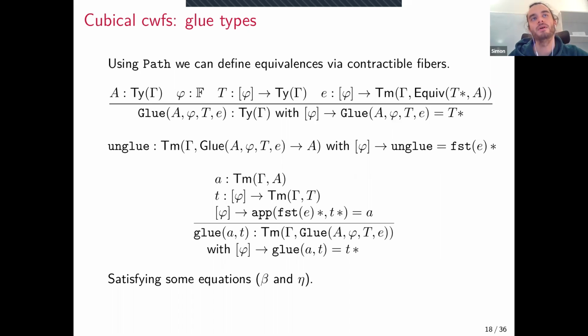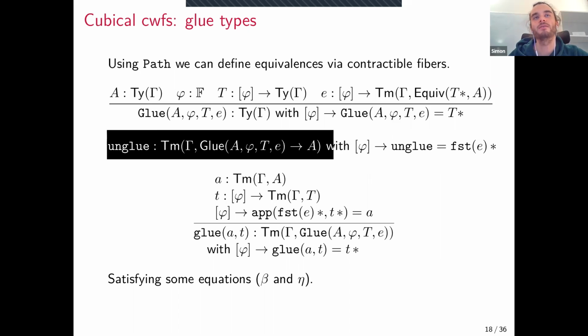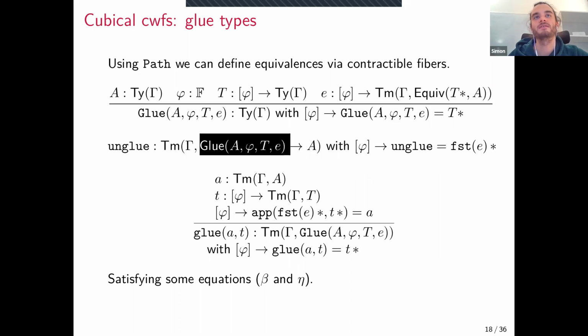You will also get a function which goes from this glue type to A, which extends the input equivalence, or actually only the input function. And then there's also a way to form elements in the glue type, and there will be beta and eta laws, which I will not explain in detail.